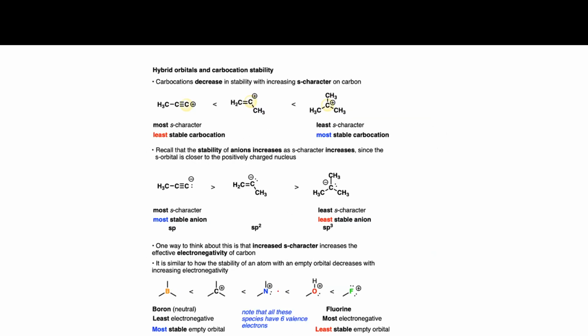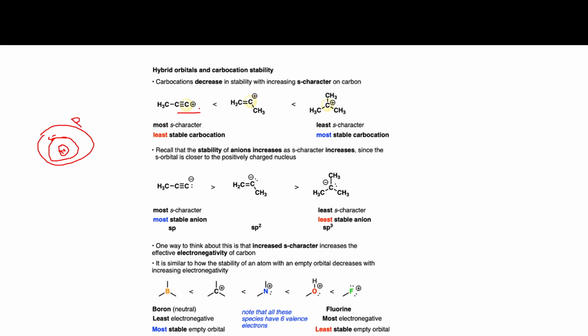Next, from the s electron point of view, how does it stabilize when you have an sp carbocation, which has the positive charge and is less stable? As you consider a cell, this is your nucleus with the positive charge, and the s orbital is adjacent to the positive charge.